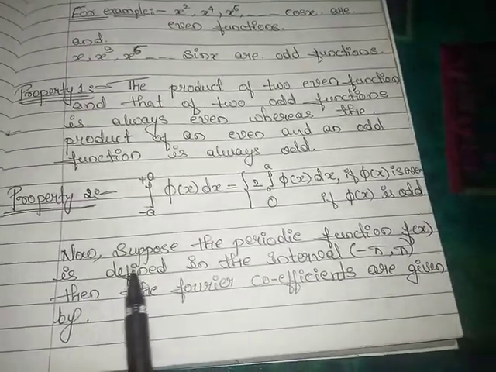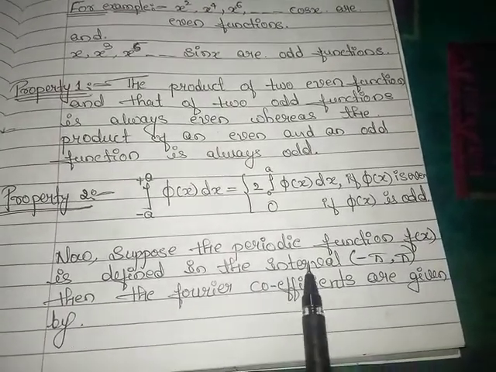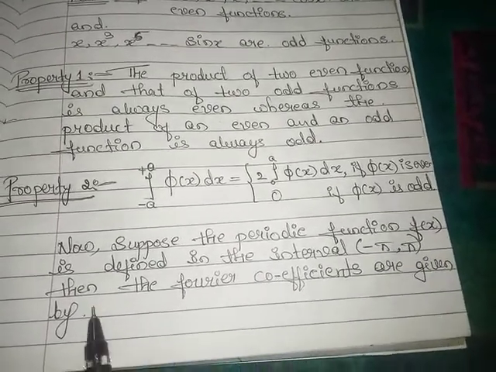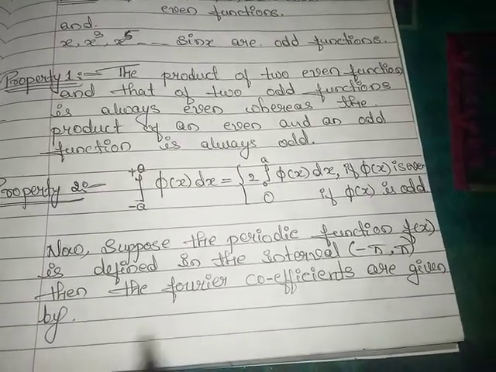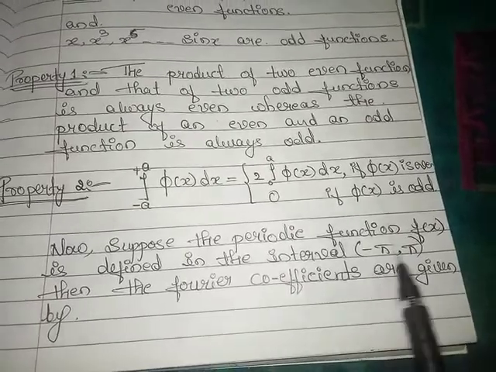Now suppose the periodic function f(x) is defined in the interval (-π, π), then the Fourier coefficients are given by, means the given function is periodic with the interval (-π, π).